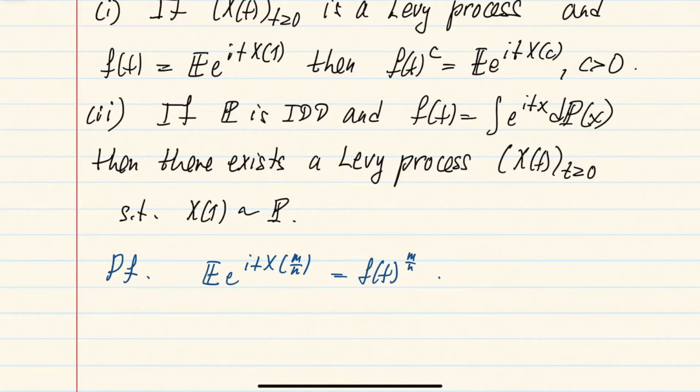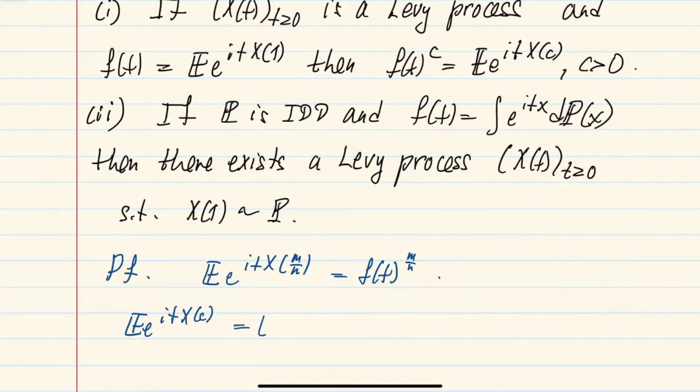The characteristic function at time 1 over n will be just the nth root, and then at any multiple of that you can combine m independent increments, and that gives you the power m. And then for general c, you can approximate by a rational time.